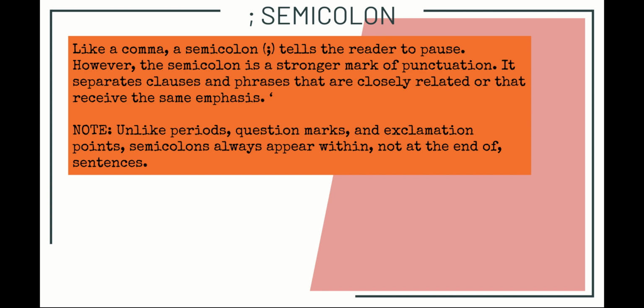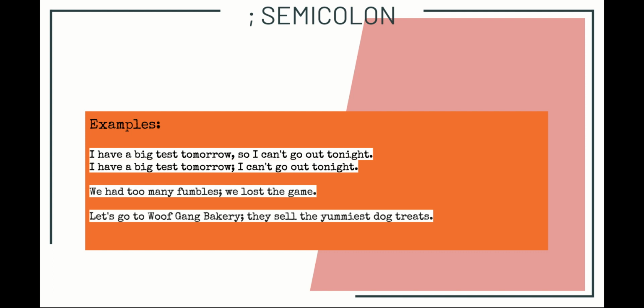So think of something halfway in between a comma and a period. So it tells you that, hey, these two clauses are related, but they don't stand on their own enough to have a period in between them. Semicolons also will never be at the end of a sentence, they'll always be in the middle.